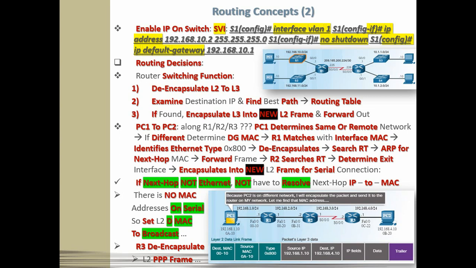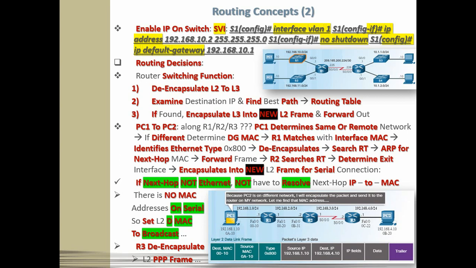As I said before, in order to send a packet from the very initial source, PC1 in this case, to the very final destination, PC2, at each hop we need two important pieces of information, and that is IP and MAC.